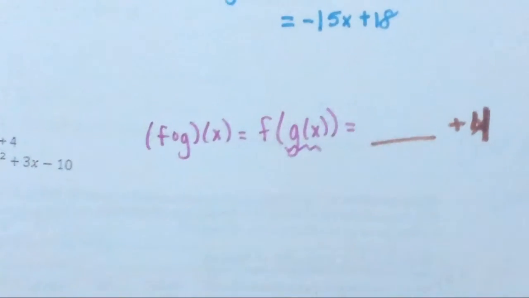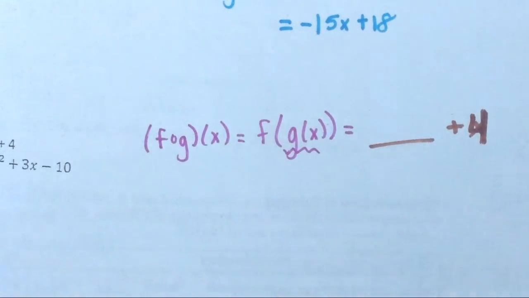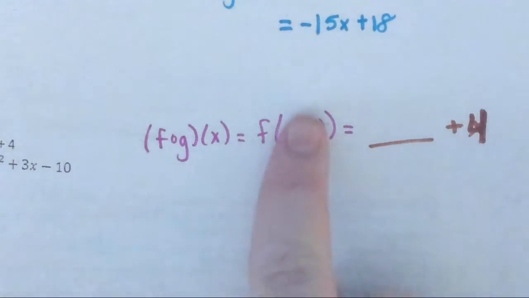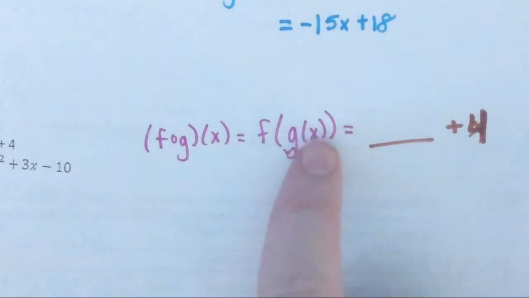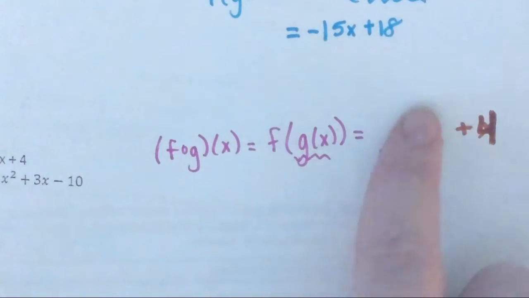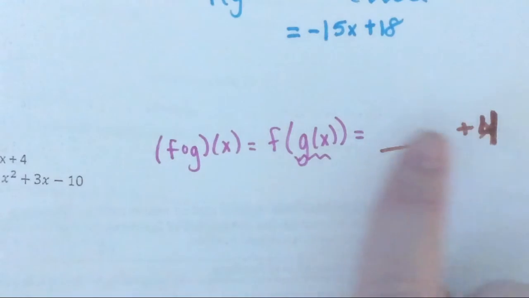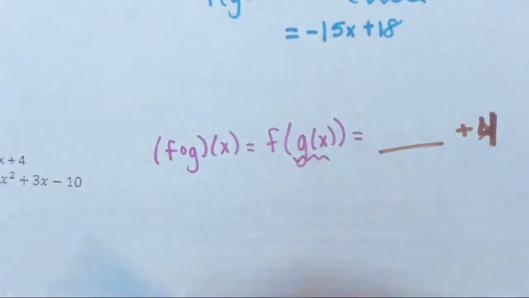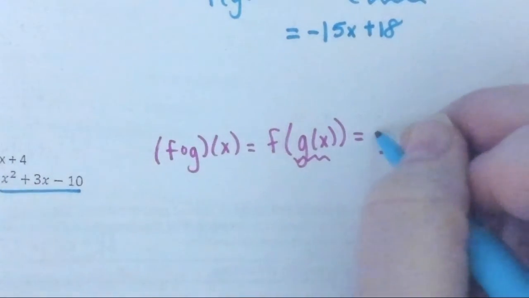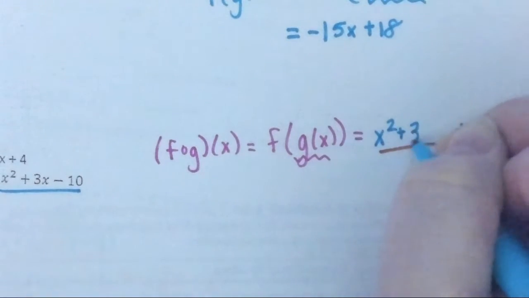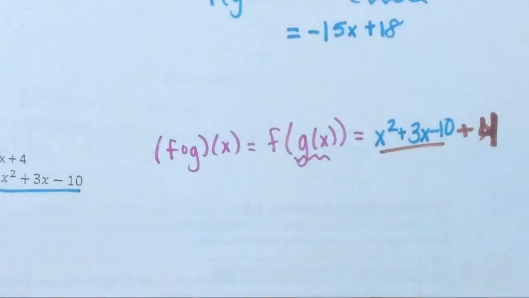It used to be x plus 4 for f, but it says everywhere in f that I see an x, I'm supposed to put in g of x. So in this blank, that used to be the x plus 4, is where I need to plug in g of x. So g of x is x squared plus 3x minus 10.